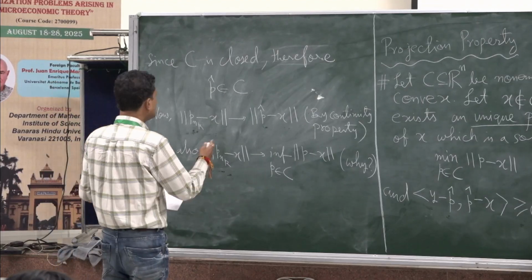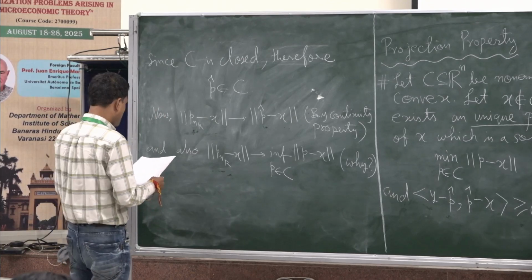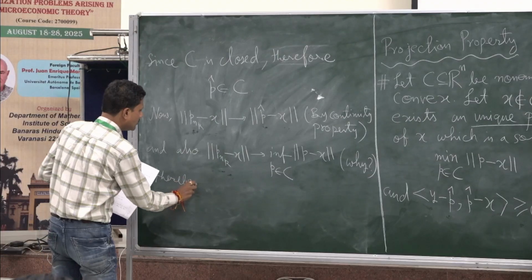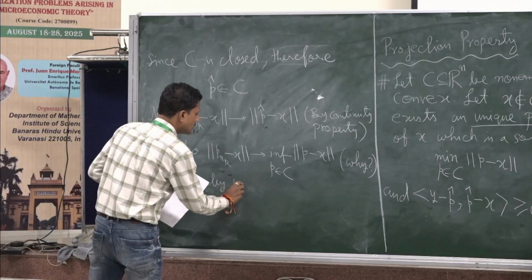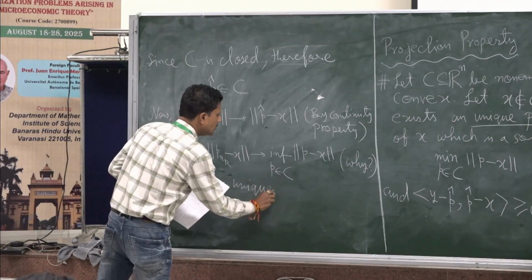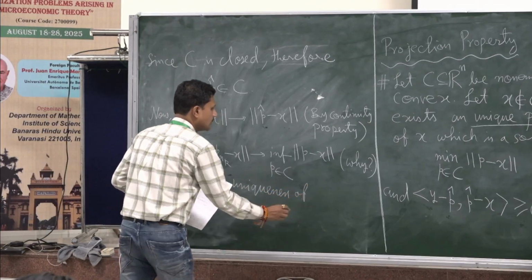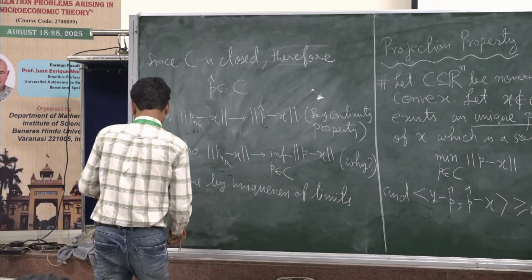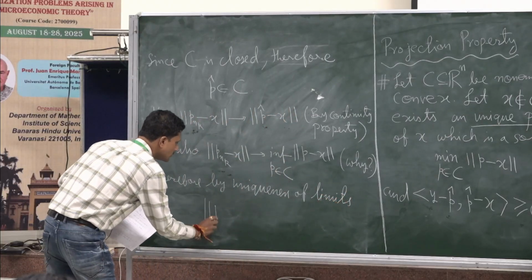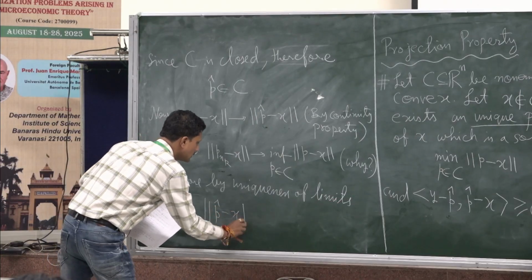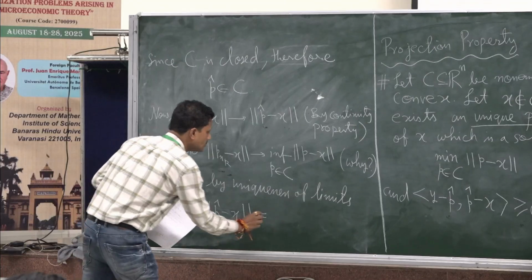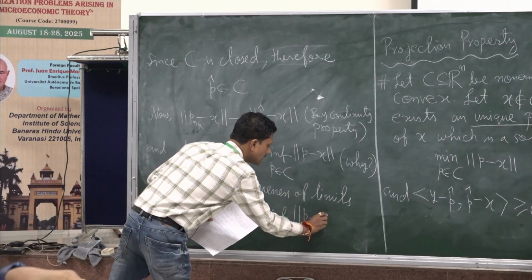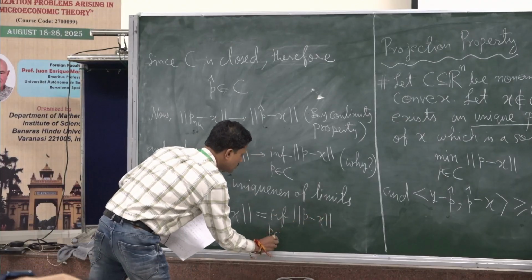So both of these numbers must be the same, and therefore, by uniqueness of limit, we can write that the norm of P hat minus X is equal to the infimum of the norm of P minus X, P belongs to C, right?